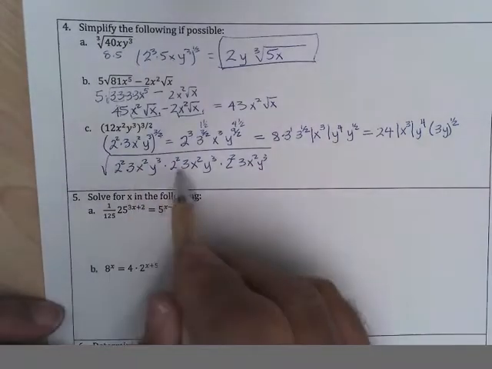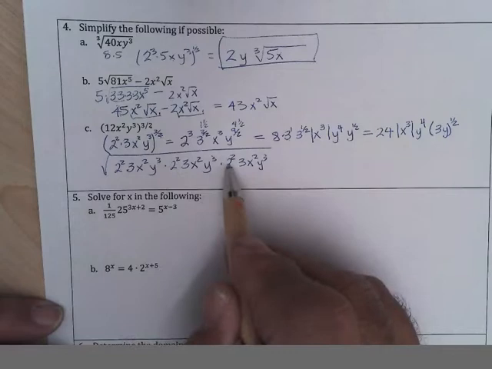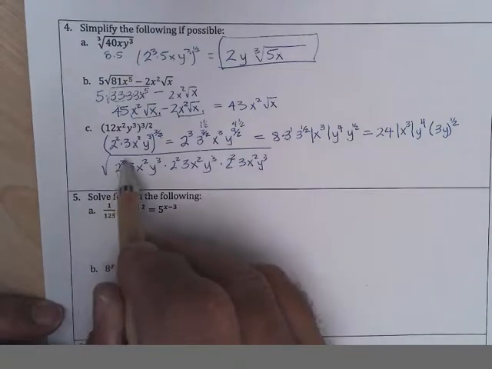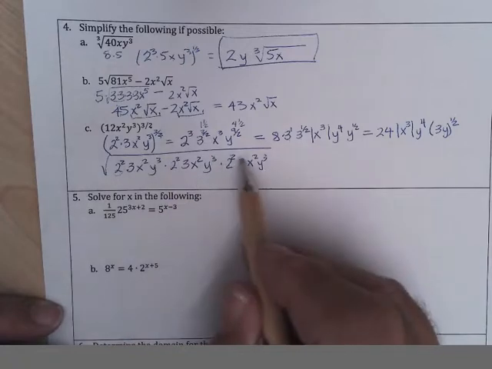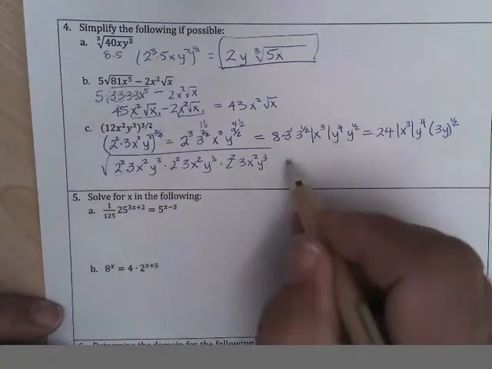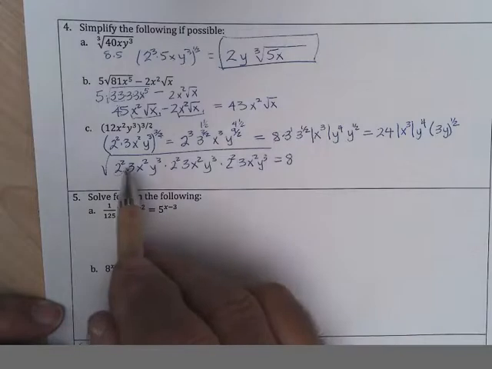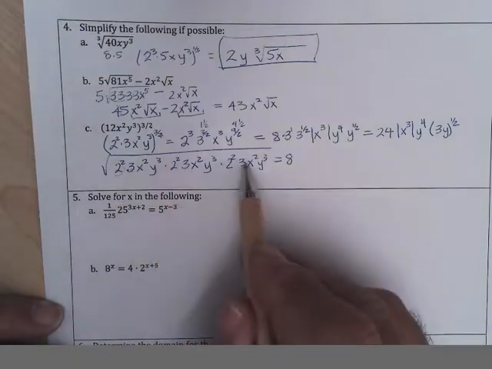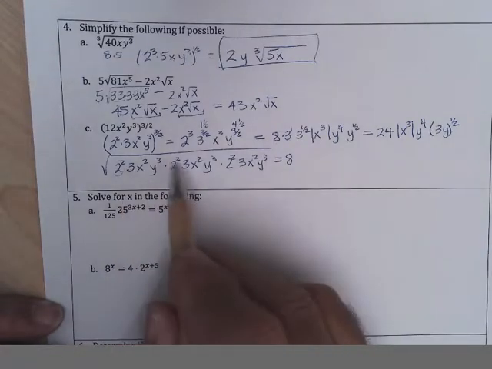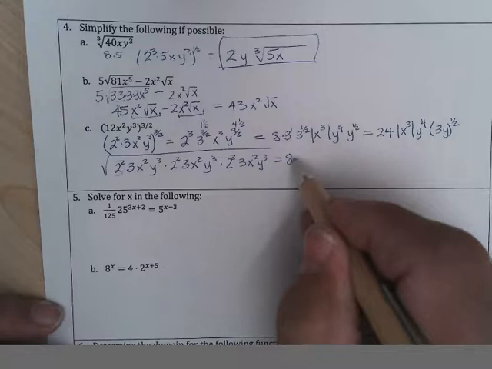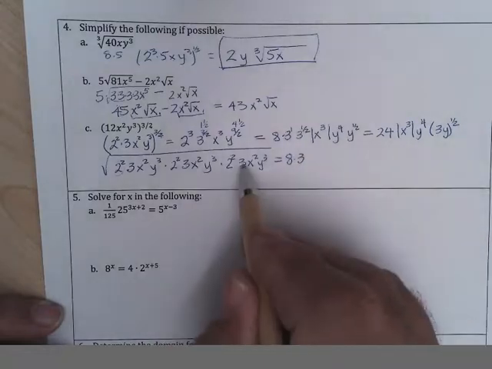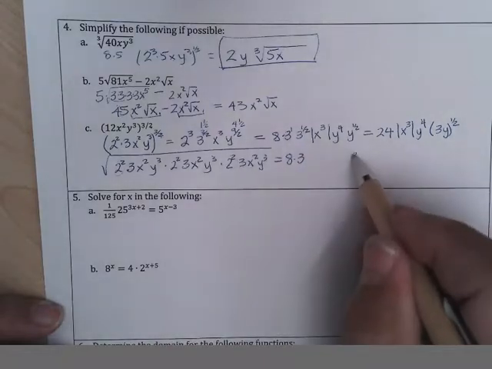So I have 2, 4, 6 twos, and I'm taking them out in pairs, so there's a 2 from that pair, a 2 from that pair, a 2 from that pair, which makes 8, like we had before. And we got 1, 2, 3 threes. 2 of them come out as a 3, and 1 of them will stay under the square root.